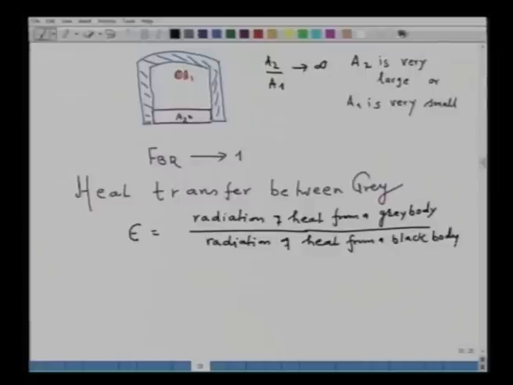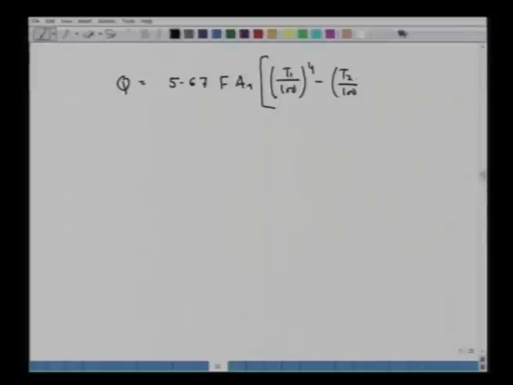So, by introducing the term emissivity, we can determine an expression for heat transfer between two gray surfaces, and that we will write as Q equal to 5.67 into F into A1 upon T1 upon 100 to the power 4 minus T2 upon 100 to the power 4.